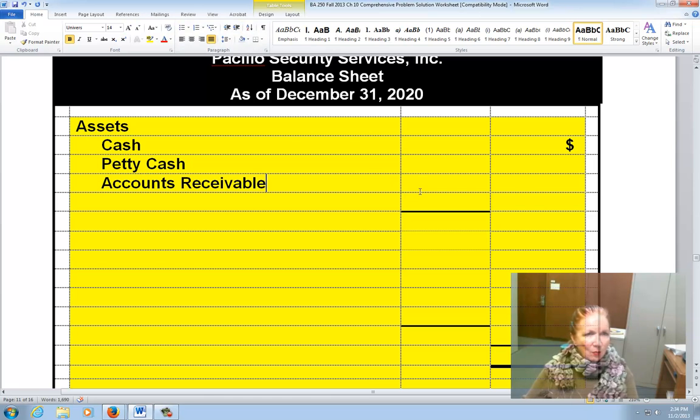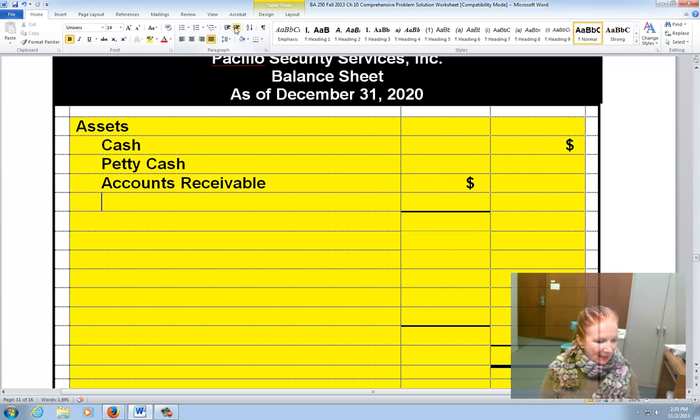And now we have to work with our allowance. So we're going to put our dollar amount of our accounts receivable in there. We're going to indent. We're always going to take subtotals over in this left-hand column. That's why it's there, so we can move those totals back to the right-hand column. In very complex statements, you might have 4 columns, or 3, and certainly 3 columns are very common.